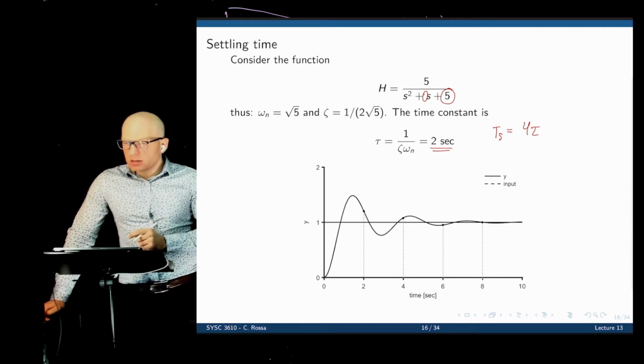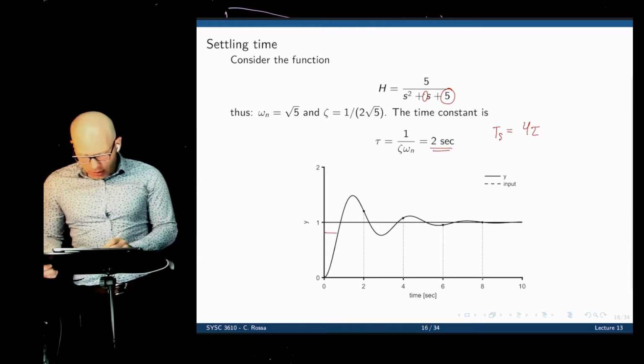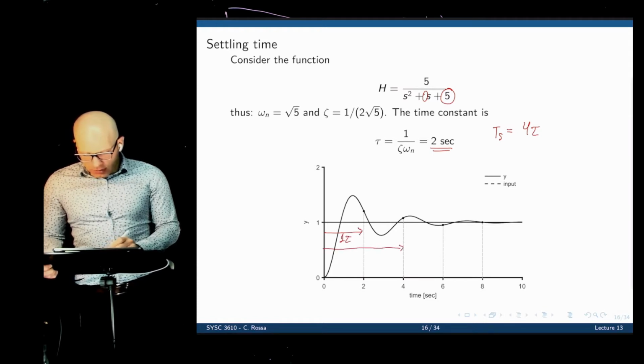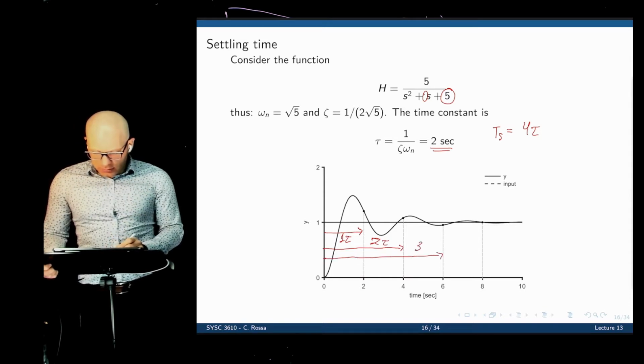Here is the time response to a step input of that function plotted in MATLAB, and you can see that that actually is true. Here is 1 time constant. Here we have 2 time constants, and you see that you're getting closer to the final value. Here we have 3 time constants, and here you have 4 time constants.